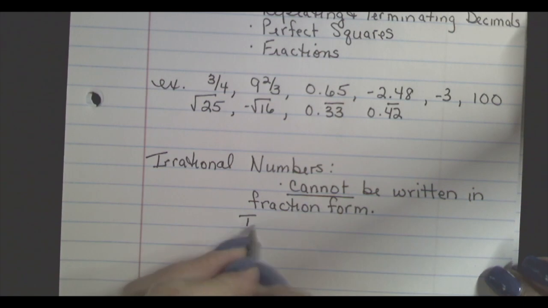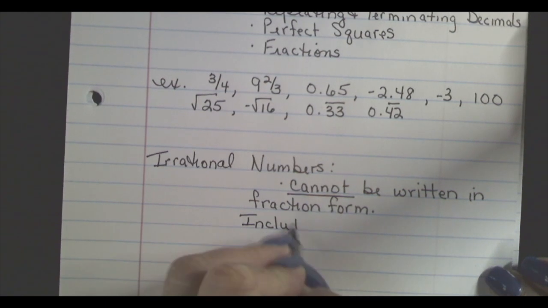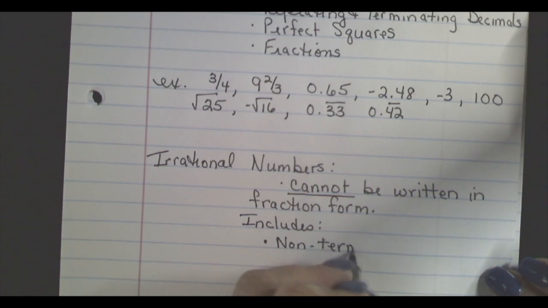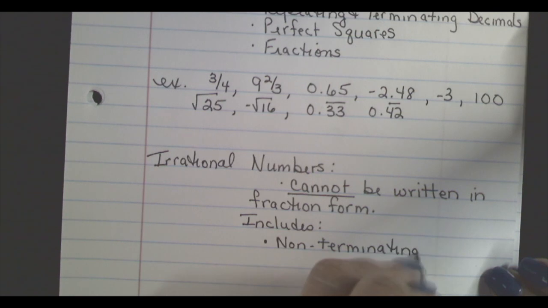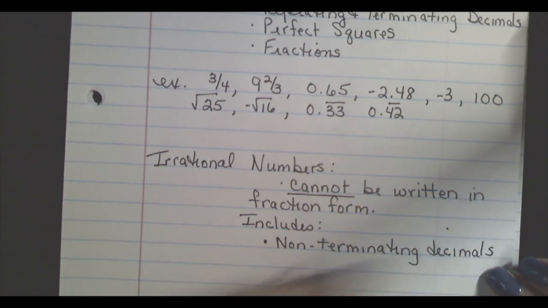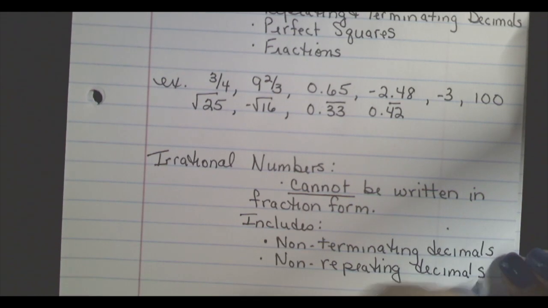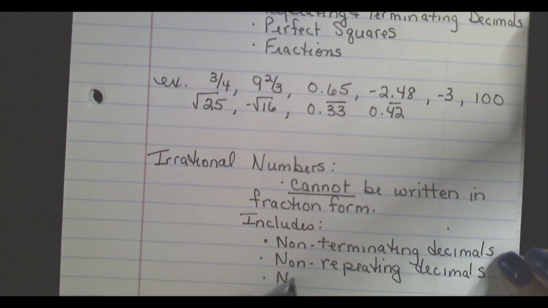This includes non-terminating decimals, non-repeating decimals, and non-perfect squares.